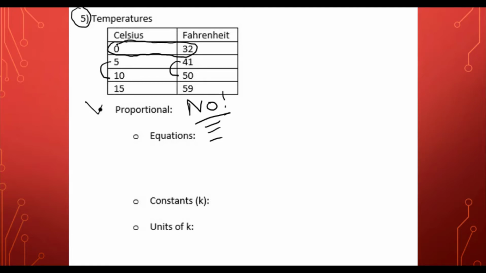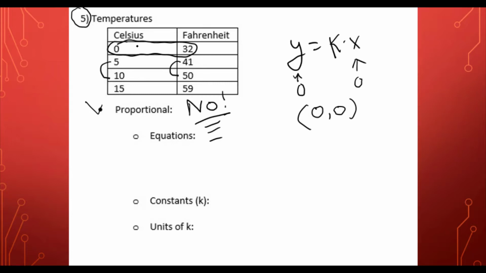If the input is 0 on an equation y equals kx, I want you to think about this. If the input is 0, the output is 0, right? Because any number times 0 is 0. So one of the solutions to a y equals kx formula is 0, 0.